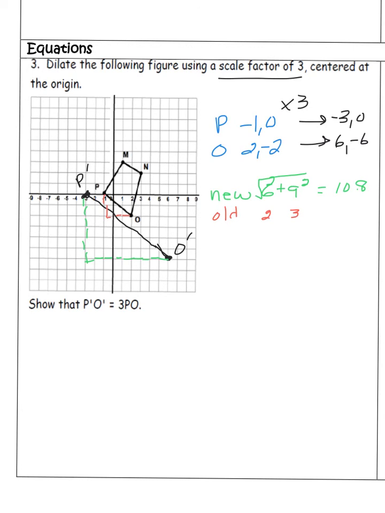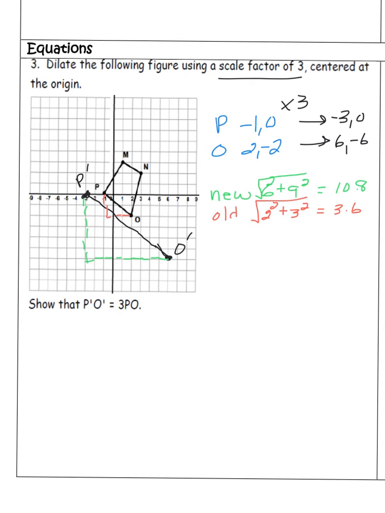I'm going to do the same thing for my old, so it's going to be 2 squared plus 3 squared, which is 13. And then I'm going to square root 13. And when I do, I'm getting 3.6. And that was after I square rooted it.